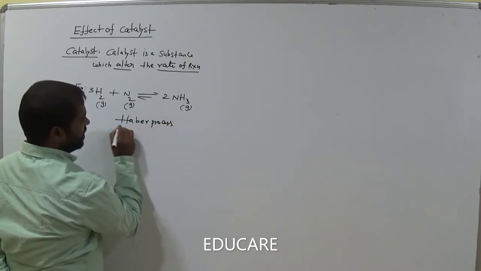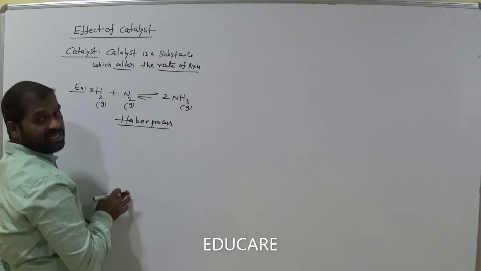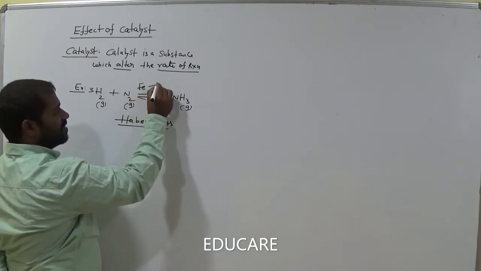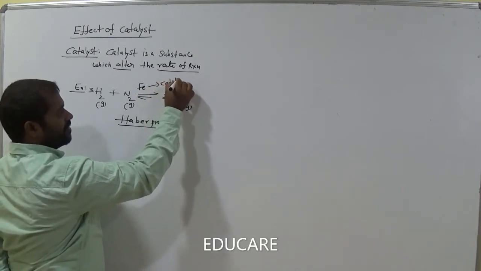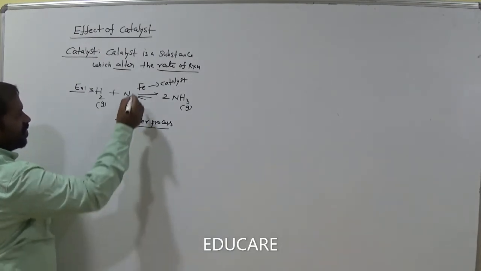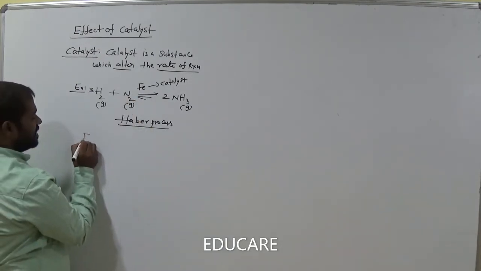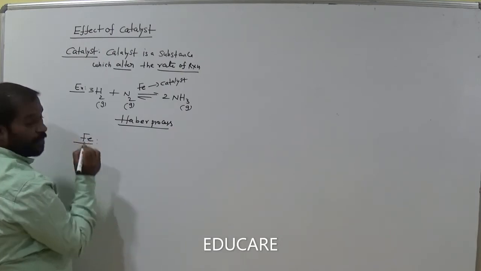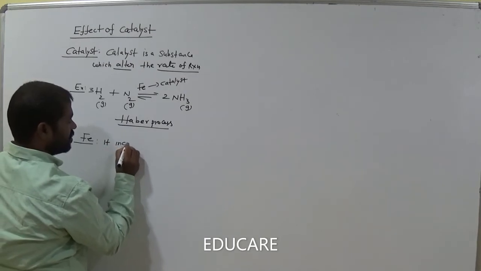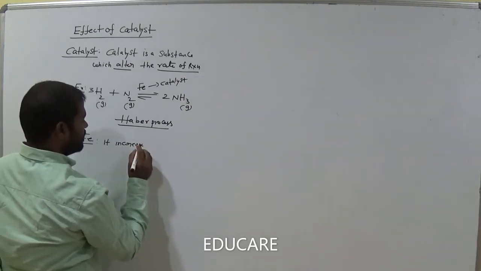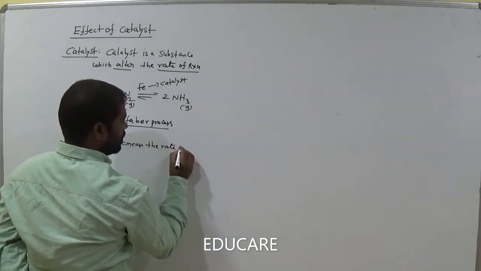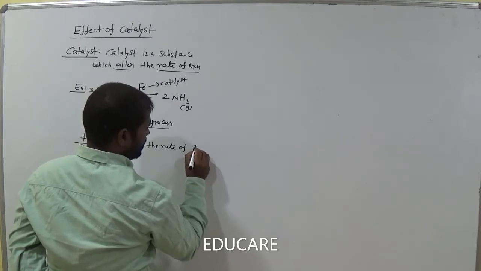In the Haber process, we use a catalyst like iron. Iron is a catalyst. So what is the importance of the iron catalyst here? It increases the rate of reaction.